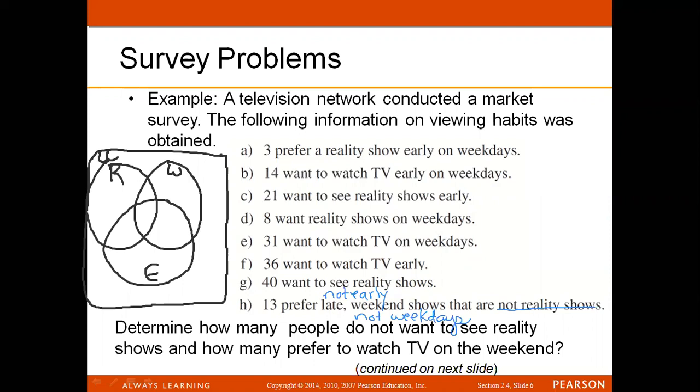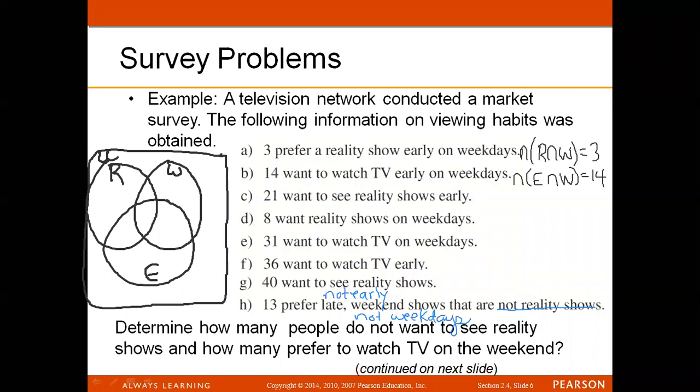That's the number of people who like reality shows and weekend were 3. 14 want to watch TV early on weekdays. Calling it weekends, sorry. Number of early and weekday is 14.